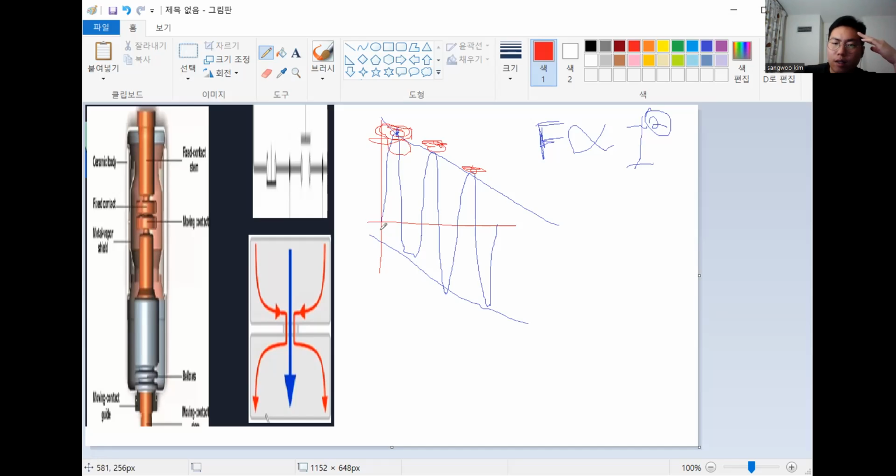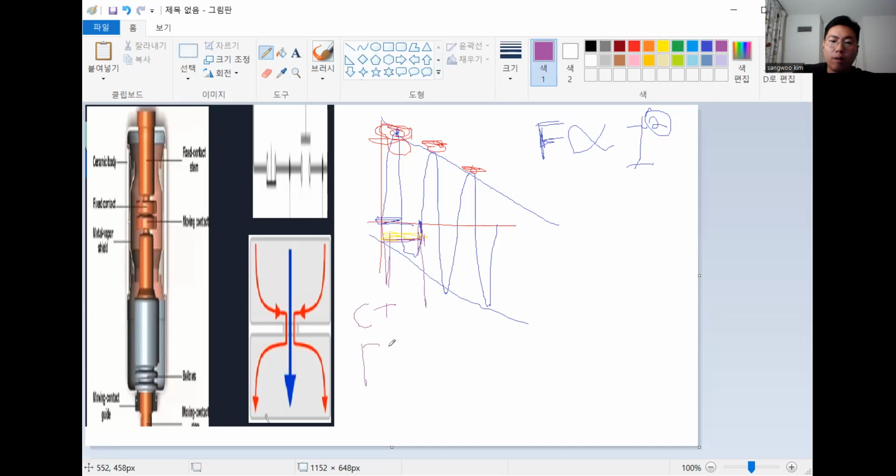So look at that. In the first cycle, I'll explain a little bit about the circuit breaker's operating time mechanism, okay? Here, around one cycle, it needs detecting time, right?